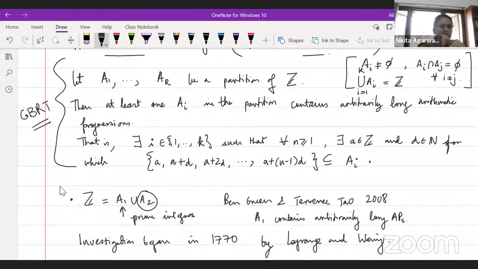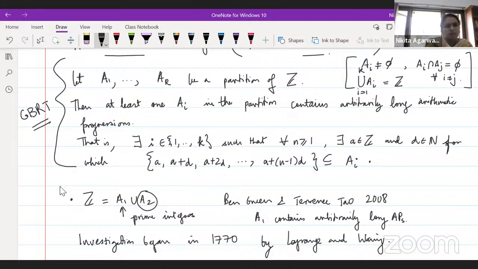Yes, it is constructive. So you define certain maps. You use some results from ergodic theory, which gives you recurrence for free. There are some generalized versions of recurrence theorems, which tell you that these recurrent points are basically the elements of this AP.